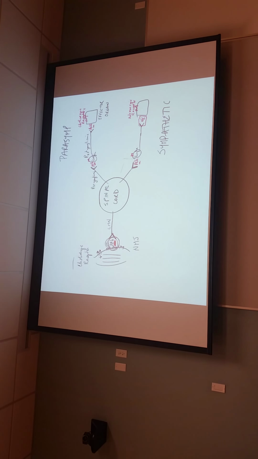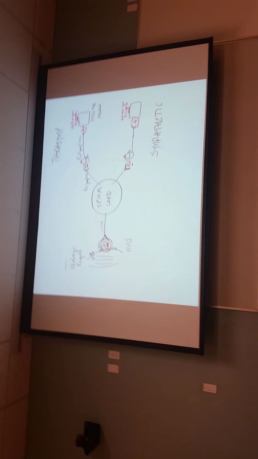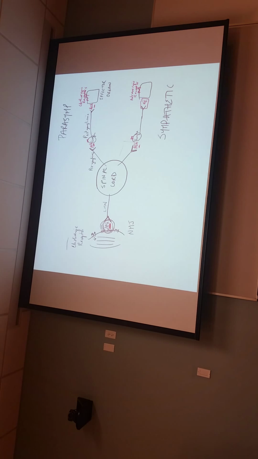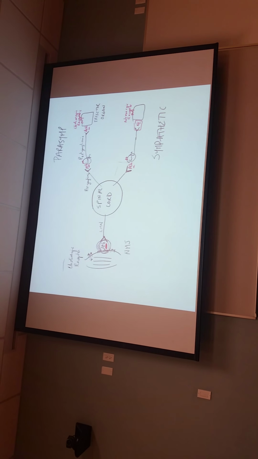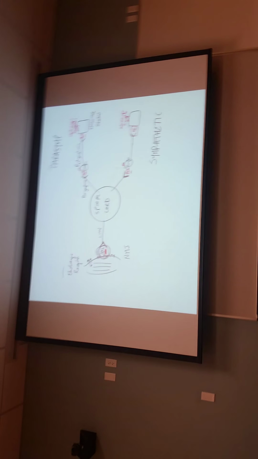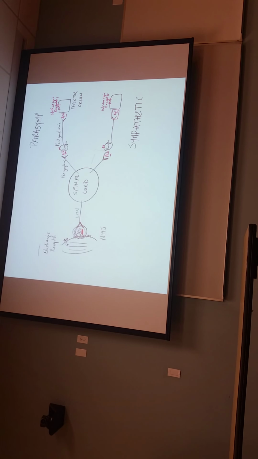Your preganglionic neuron secretes the same acetylcholine like everybody else, right? Did you understand that? Because I'm now going to tell you the difference more.